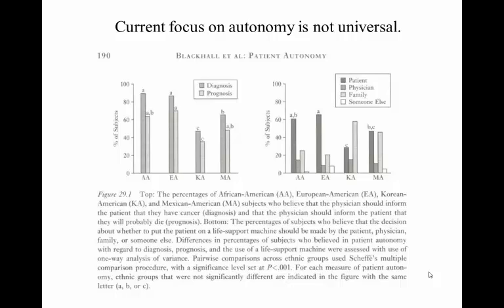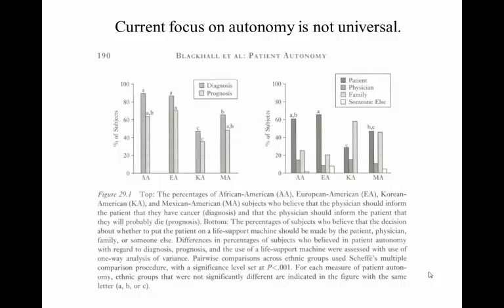Amongst Mexican Americans, and especially amongst Korean Americans, there was noticeably less desire to be told the truth about your diagnosis and prognosis, and a much stronger sense, especially among Korean Americans, that it is the family and not the patient who should make major decisions about treatment, for instance, whether to go on life support.